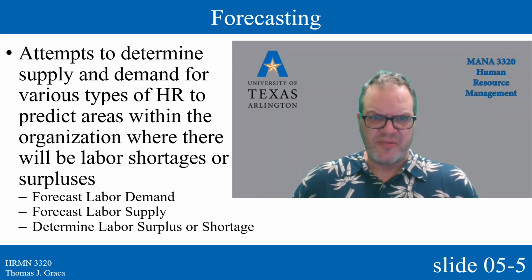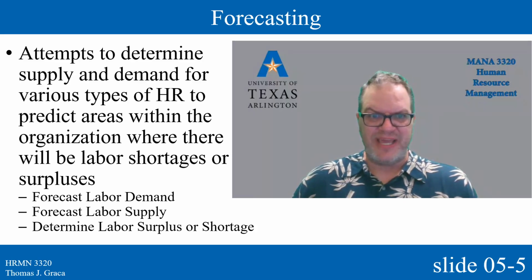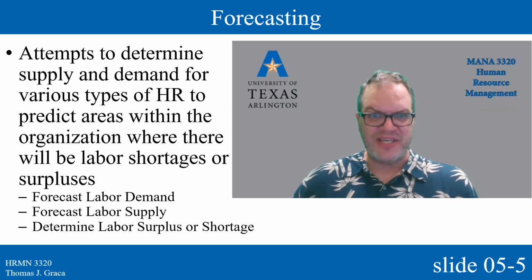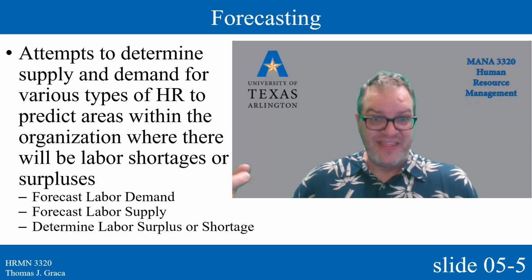So the way to go about this is first to forecast demand, figure out what sort of resources we're going to need in what categories at what time. Make a prediction then, a forecast about the supply, what internal resources will we have at that point in time and what categories, and start to take a look at the outside world as well, to analyze what the external labor supply might look like, and then determine a labor surplus or shortage based on the demand forecast and the internal supply forecast, right?